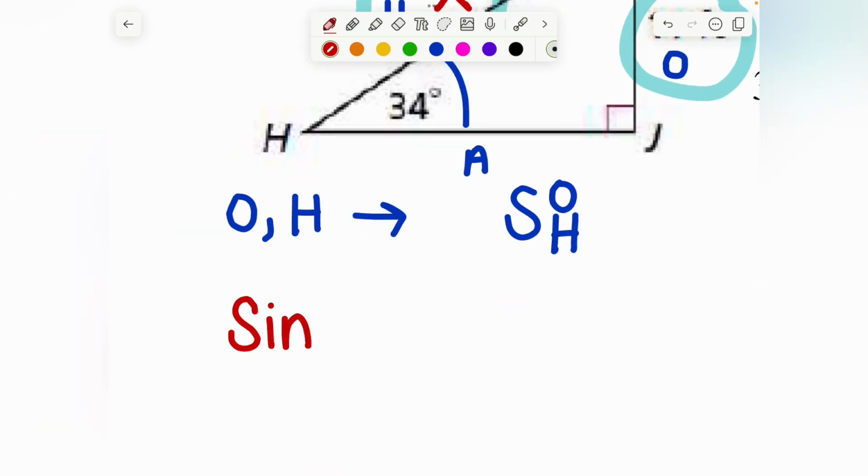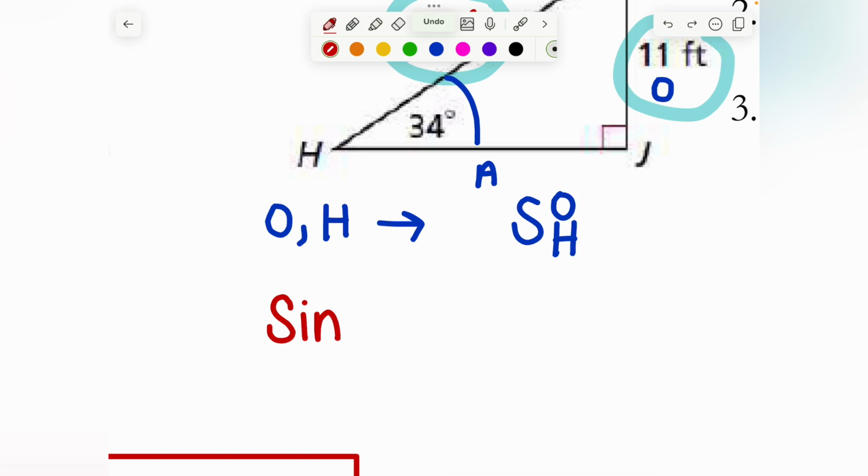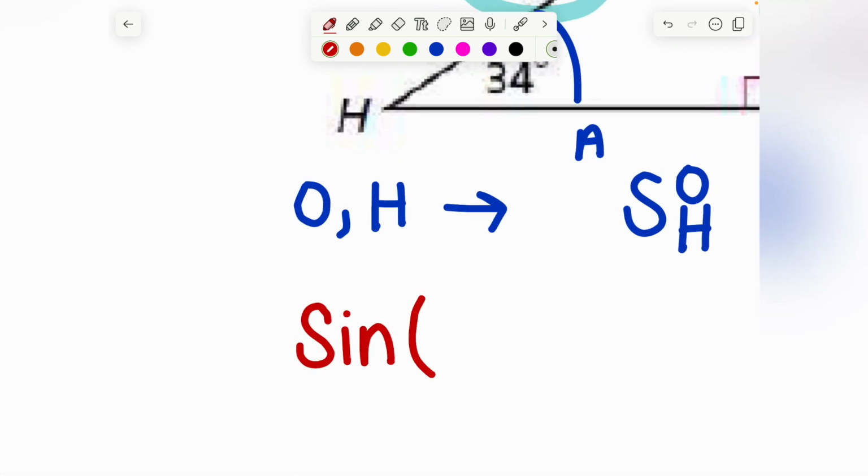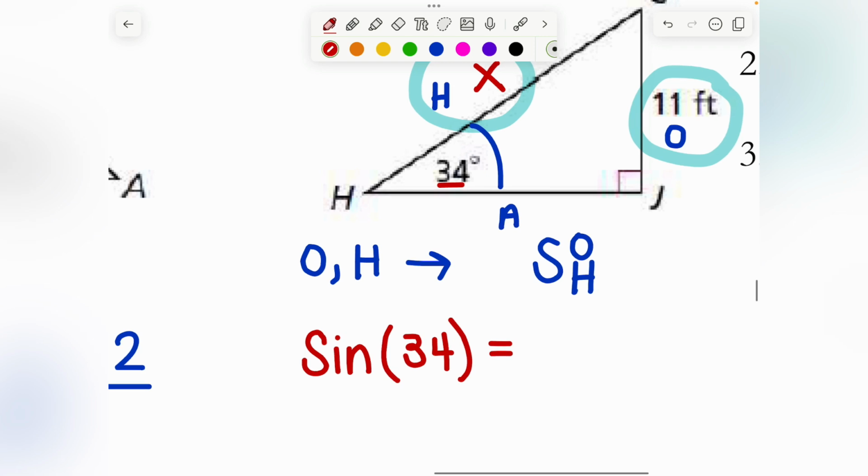Once we figure out that we're using sine, we set up an equation. It's always sine, cosine, or tangent of the angle. So it's going to be sine of the angle, and we know the angle is 34, equals opposite side, that's 11, over hypotenuse, that's what I'm solving for, that's the x.